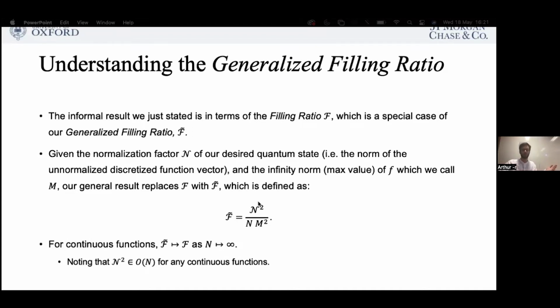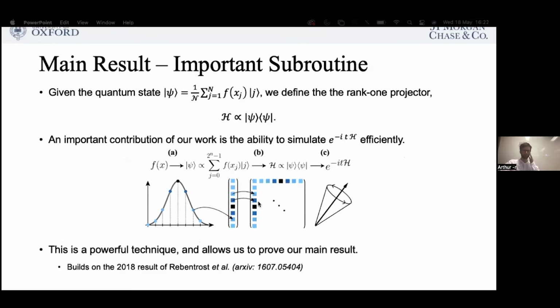It's interesting to note that if you were to improve the dependency on the filling ratio quadratically, then this algorithm completely recovers the square root speed up of unstructured search. And so in that sense, it would be optimal in terms of this parameter. But that's left as a topic for future exploration.